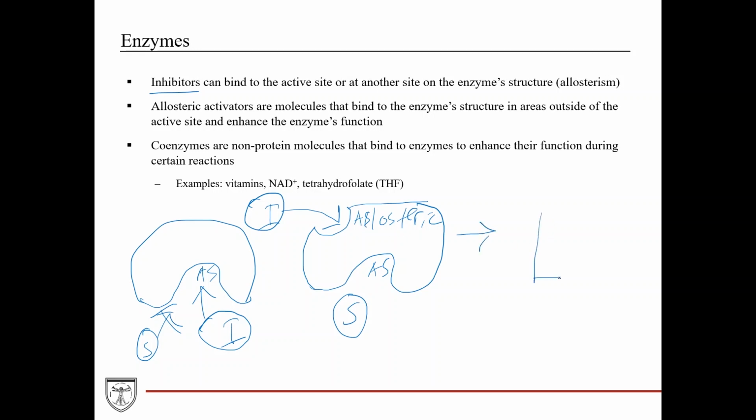Again, it changes the conformation and makes it harder for the substrate to bind and harder for it to become active. It could also just render the shape of the protein in a conformation that's not ideal for overall function. It may not necessarily even affect substrate binding.